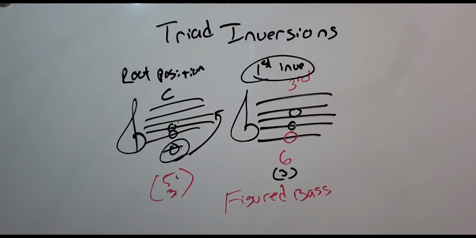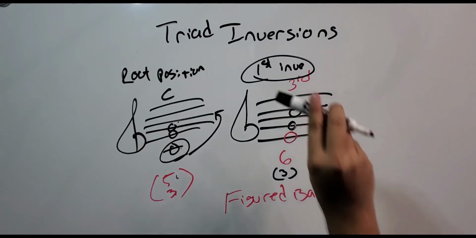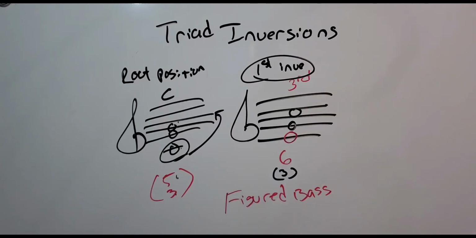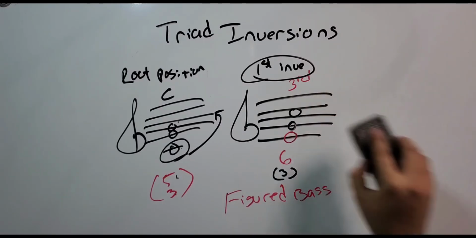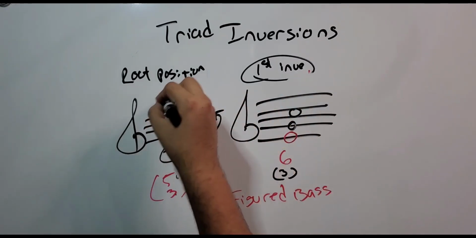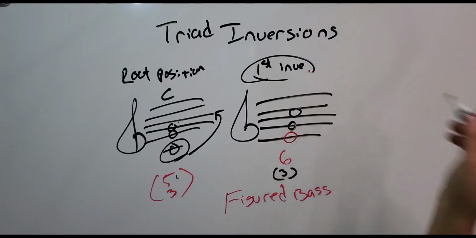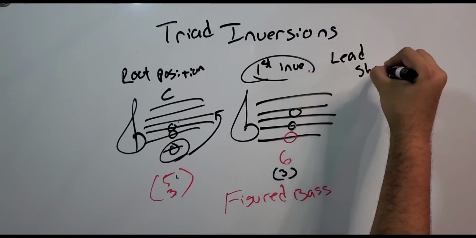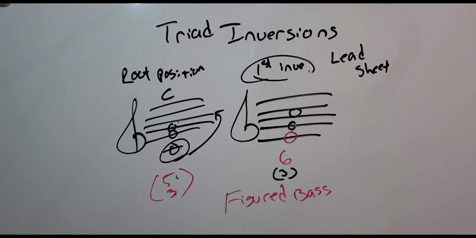Okay? So make sure we remember figured bass at the bottom, and for first inversion, it's a 6. And it's always when the third is in the bass. Okay? Also, we must know that when we write the chords up here above the staff, that is known as lead sheets or lead sheet symbol.